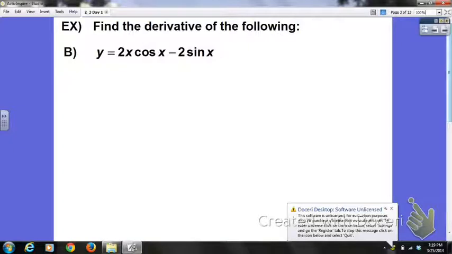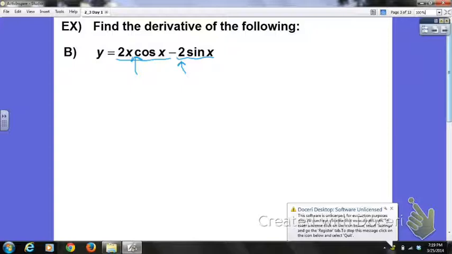Our next example says to find the derivative of the following function, y equals 2x cosine x minus 2 sine x. You'll see that right here we have an actual product between two functions, 2x and cosine x. This piece simply is 2 times sine x, where 2 is the coefficient of sine x.